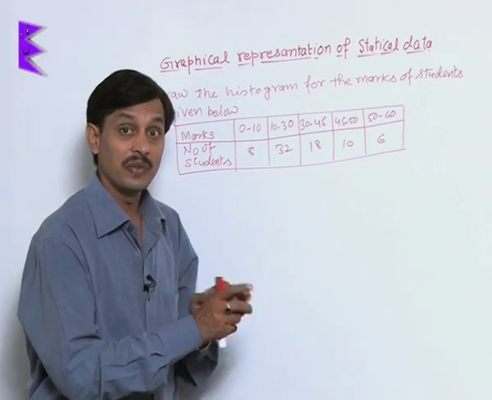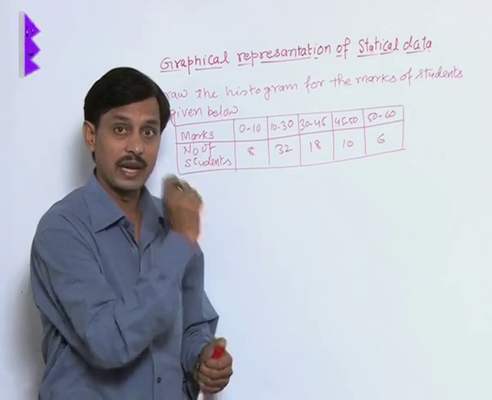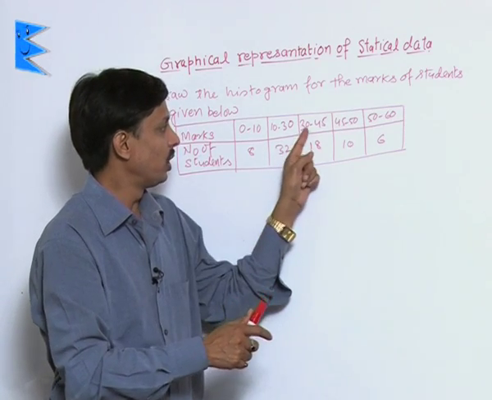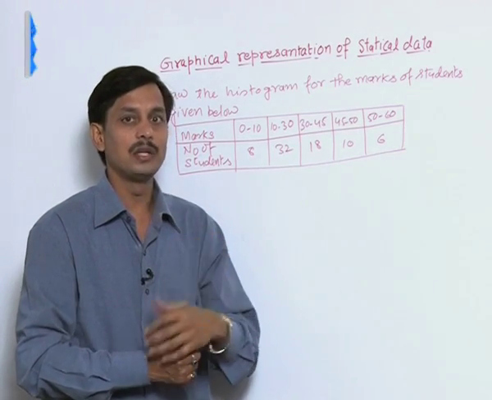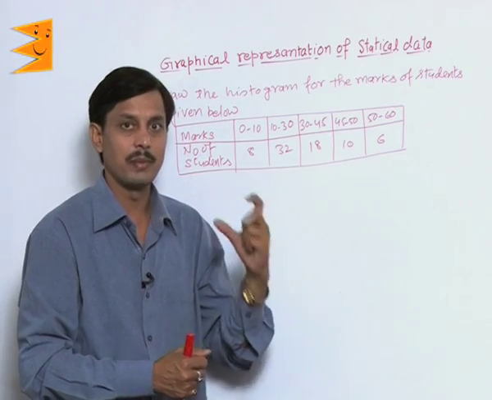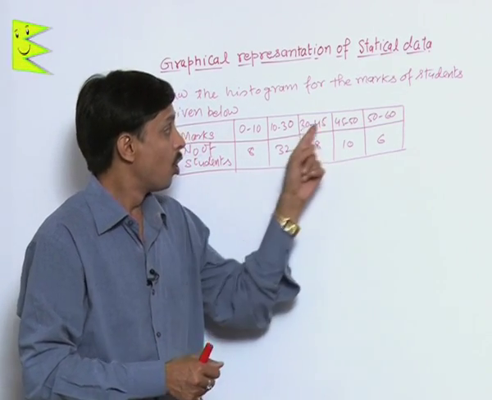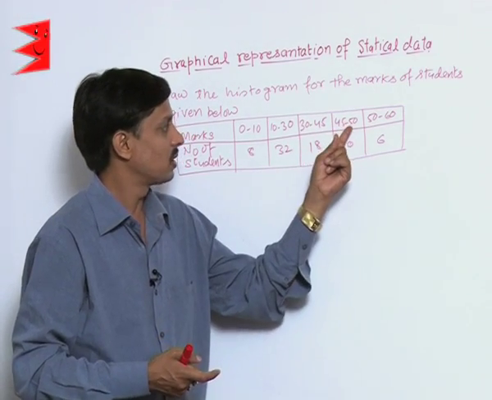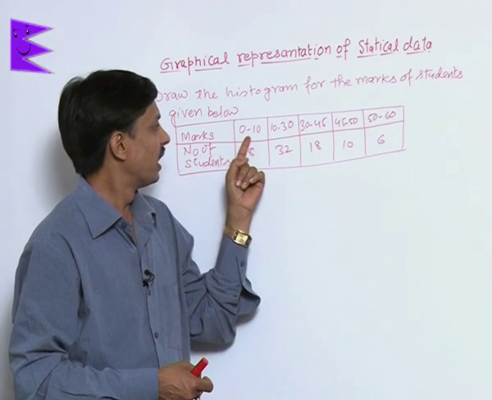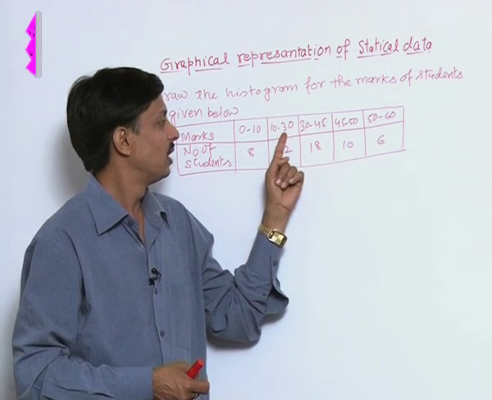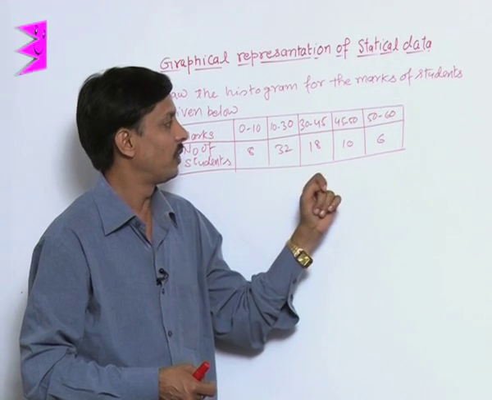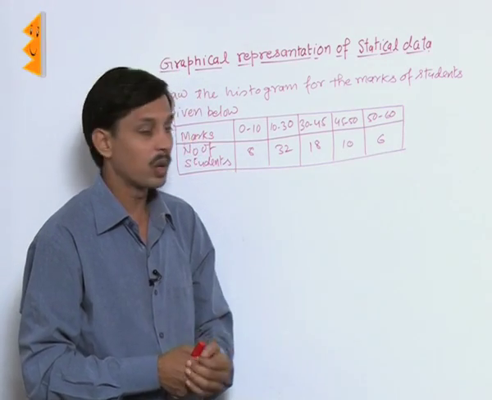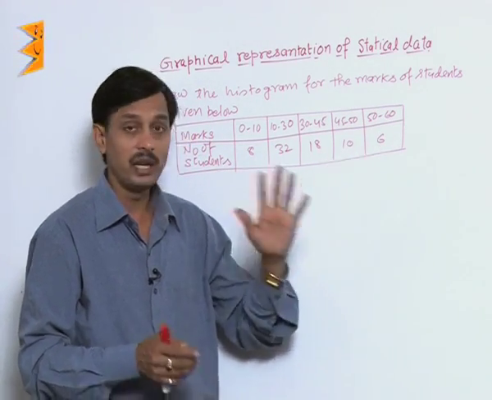You can see that in the first interval the gap is 10, and in the second interval the gap is 20. 30 to 45, the gap is 15, and the number of students in this group is 18. 45 to 50, the gap is 5. So the first class differs by 10 units, the second by 20, the third by 15, the next by 5. The last class is 50 to 60, and the number of students in this group is again 6.